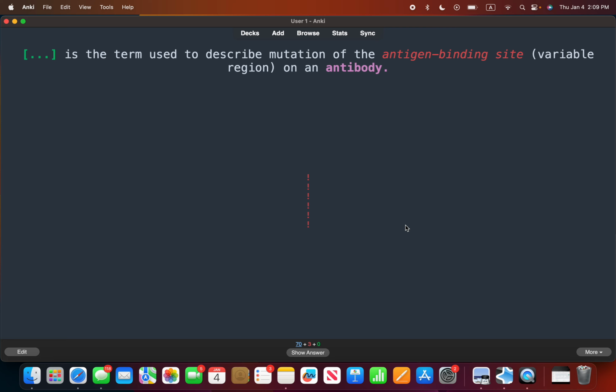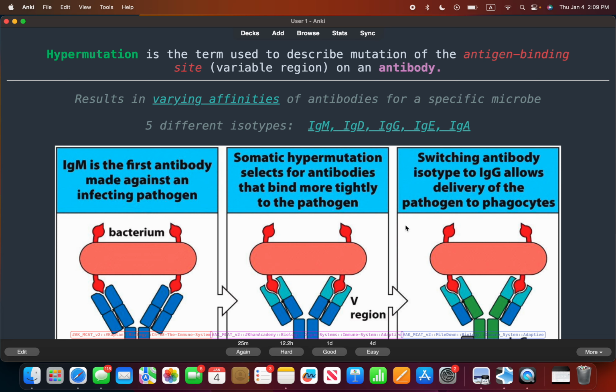The mutation should be hypermutation. We need a way to have this in our head. So hyper for antibody, variable region. It results in varying affinities of antibodies for a specific microbe.